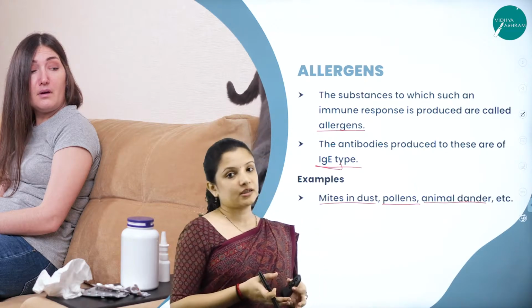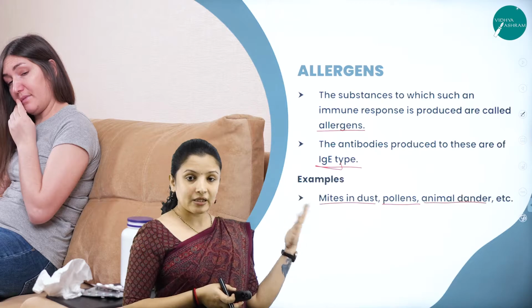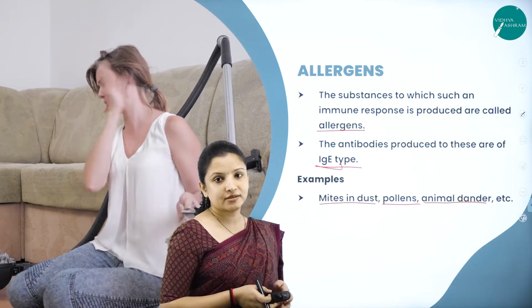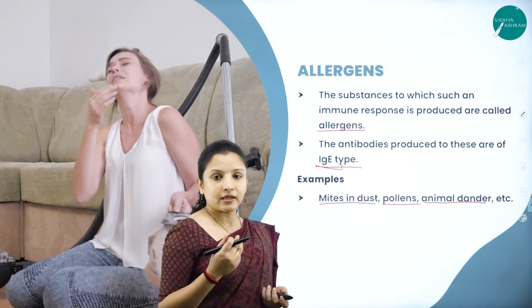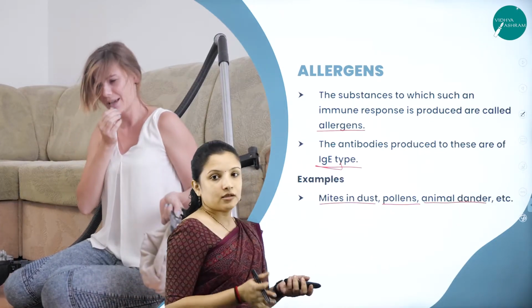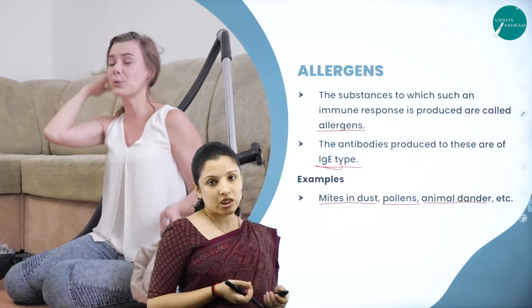That can also cause allergy in some people. So dust, animal dander and pollen grains are different types of allergens that trigger the allergy in the human body, and when it occurs, it triggers the production of the antibody IgE.